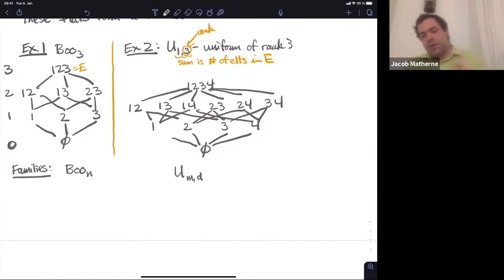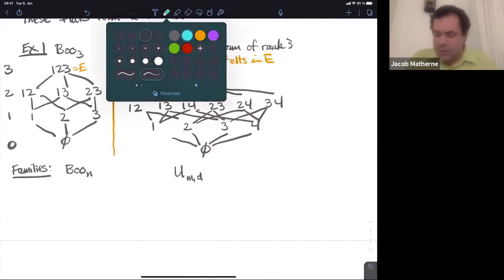Okay, so in my main talk, I'm going to talk about two conjectures about matroids. The first conjecture is about the shape of this lattice of flats. It's called the top-heavy conjecture.